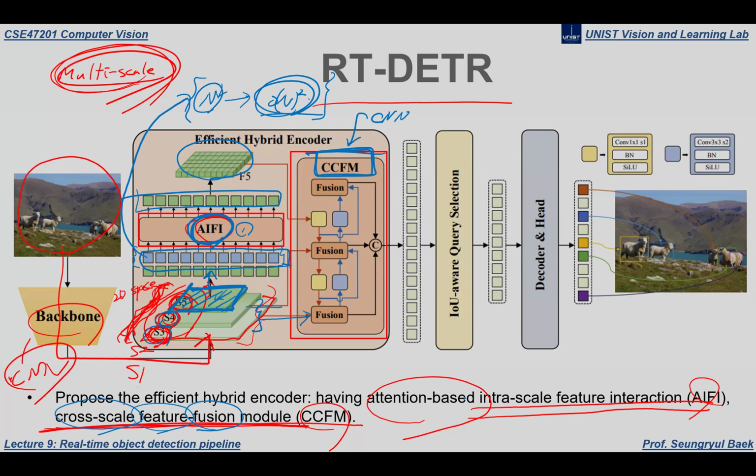They only apply the attention mechanism, which has the highest time complexity, to the smallest image feature, and then apply CNN-based operations to fuse the remaining scales' information. So this is the improved feature for the smallest feature, and it is combined with the larger scale features using the CNN operation, which is simpler compared to the attention mechanism.